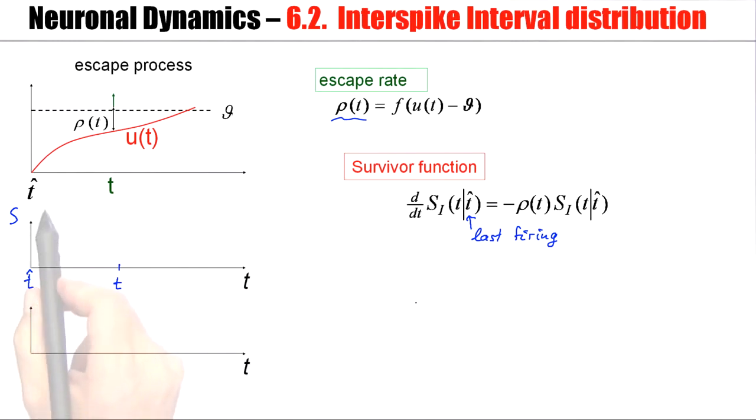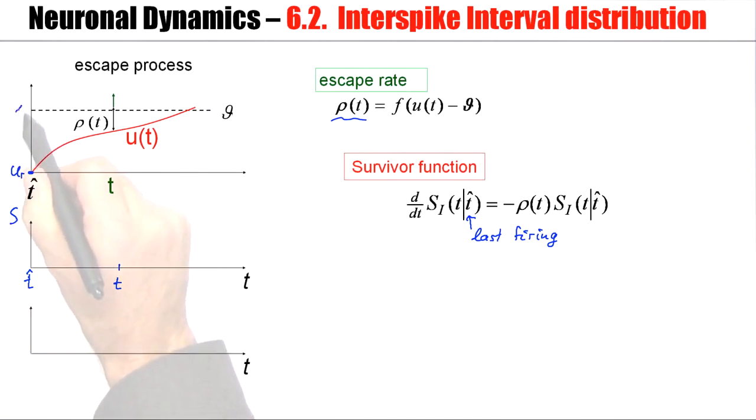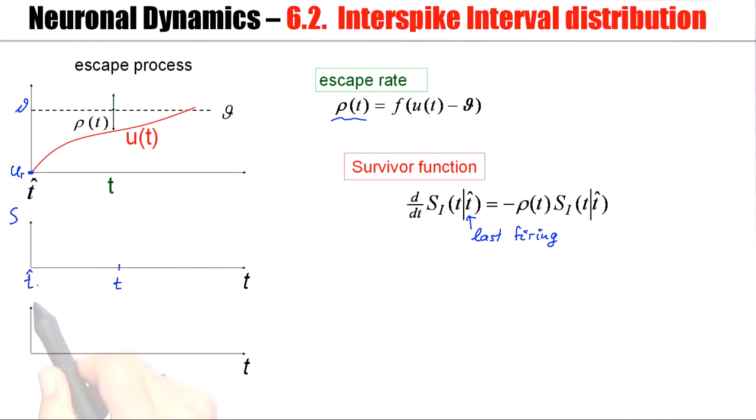So immediately after the spike at t hat, we start at UR. UR is a long way below the threshold. Therefore, the probability that it survives for a short moment is 1. So this survival function S of t given t hat will always start at 1. We know that at the beginning it survives.